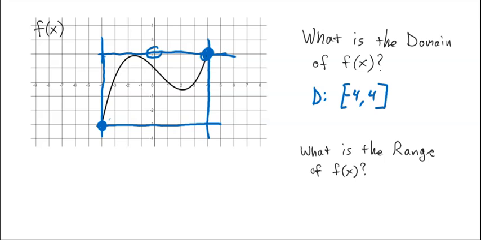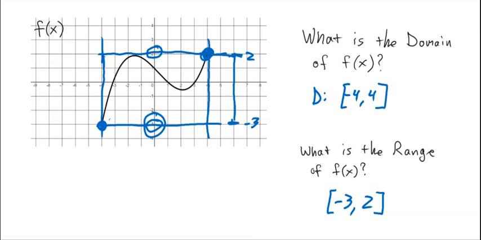The highest point is 2 and the lowest point is, this is not 3, this is -3. Therefore, the range runs from here up to here, which is from -3 up to 2. So the range is -3 up to 2.